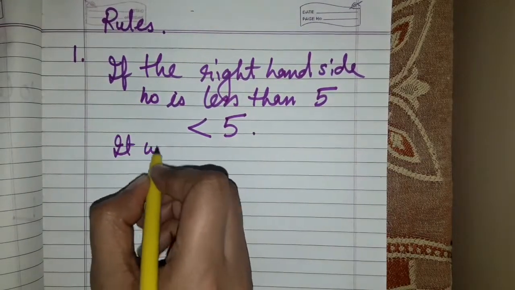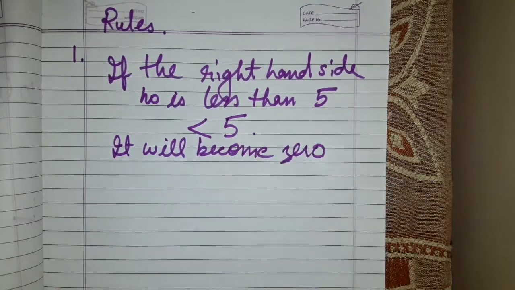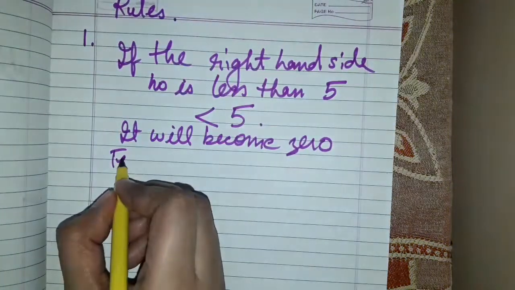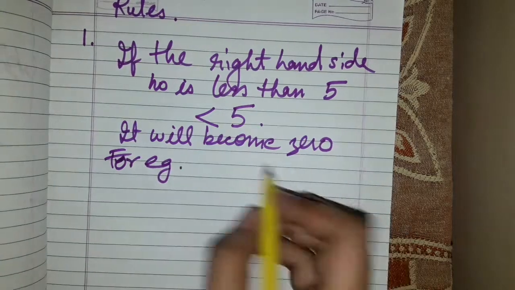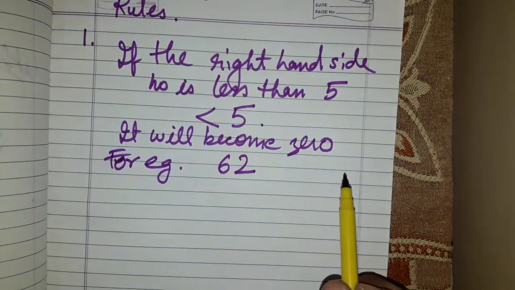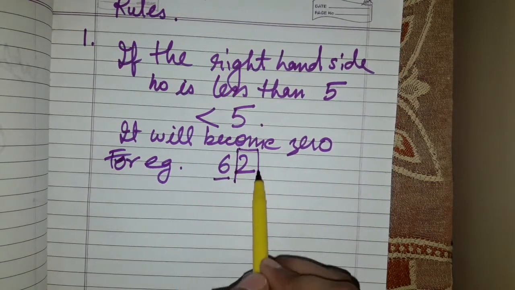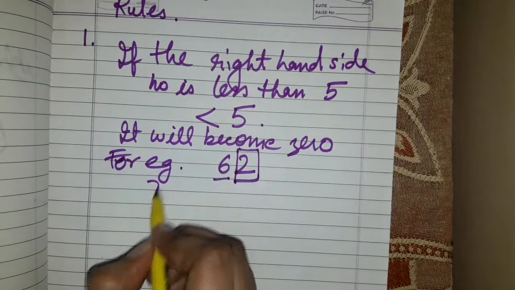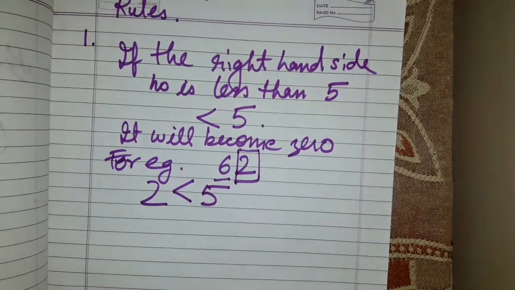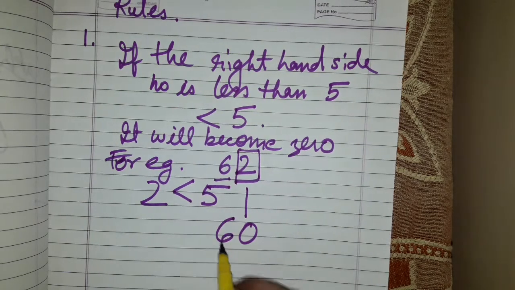It will become 0. For example, let's take a simple case. Suppose the number is 62 and I want to round off this number to nearest tens place. So I will look at the digit which is on the right hand side. Now this 2 is less than 5. So what will happen? It will become 0 and the other part will remain the same.